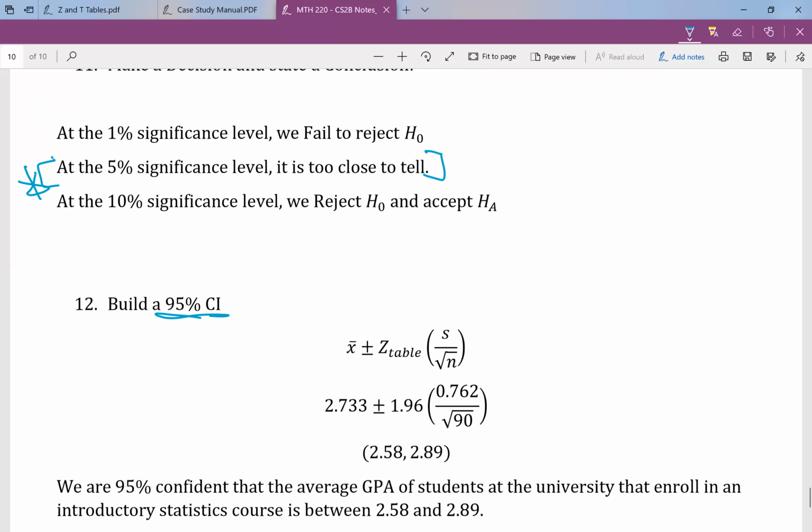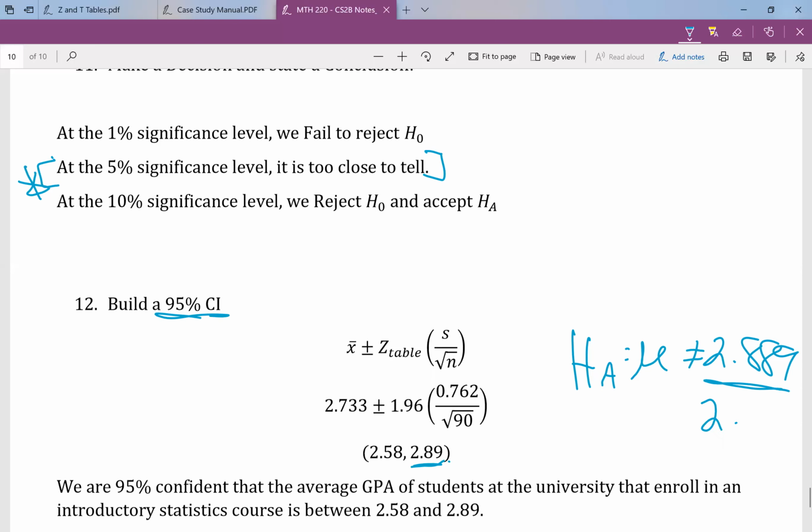So over here, I'm going to write our HA: mu does not equal 2.889. Let me double check that that is the right number we were working with. 2.889. Okay, so we have that mu is somewhere between 2.58 and 2.89. 2.89 is just barely on the edge of 2.889.